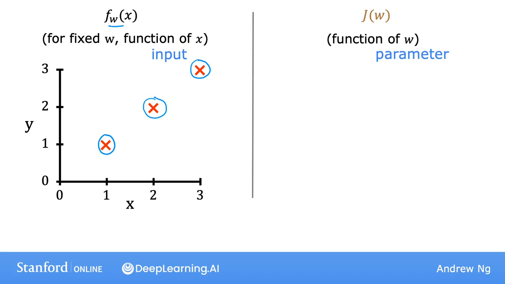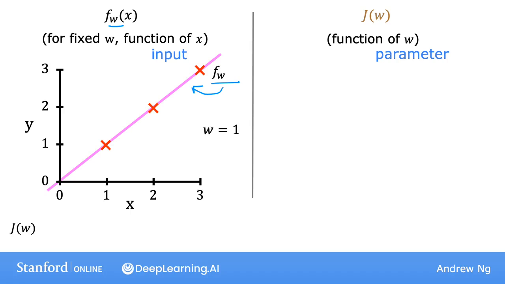Let's pick a value for w, say w is 1. So for this choice of w, the function f_w looks like this straight line with a slope of 1. Now, what you can do next is calculate the cost J when w equals 1. So you may recall that the cost function is defined as follows, the squared error cost function.